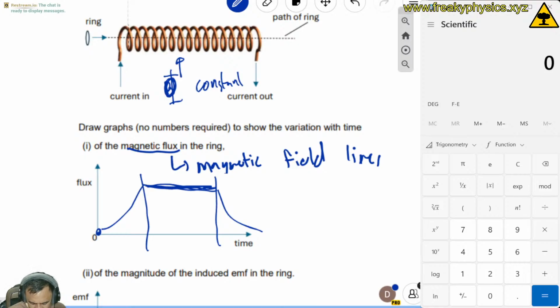Okay, and why does it curve? Why can't it go straight for the first and last part? Well, let's think about it this way. Here, and then here, and then here. All of these, if these are still all relatively far from the solenoid, the flux here would still be approximately equal to zero. So that's why it curves here, because far away from the solenoid, you're still approximately zero.